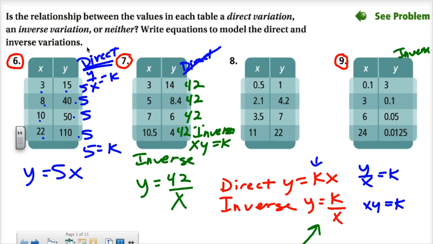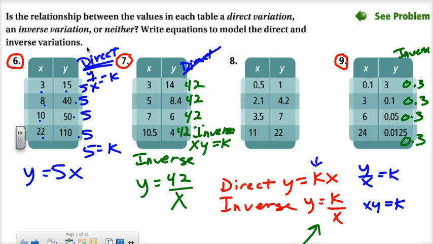For inverse variation, we need to multiply these two together. So for number 9, 3 times 1/10 is 3/10. And 3 times 1/10 for the second one is 3/10. 6 times 0.05 is 3/10. 24 times 0.0125 is 3/10. Now, for some reason, I'm going to write that one as a fraction.